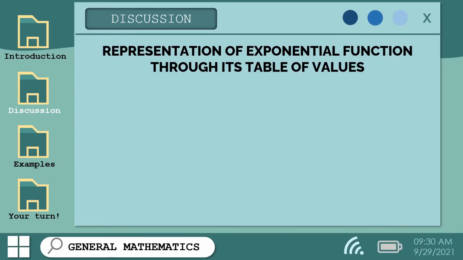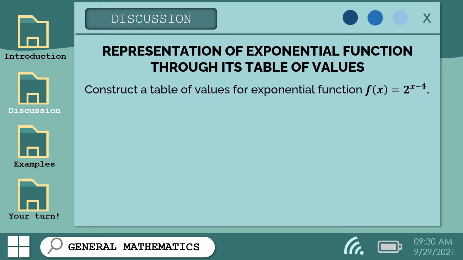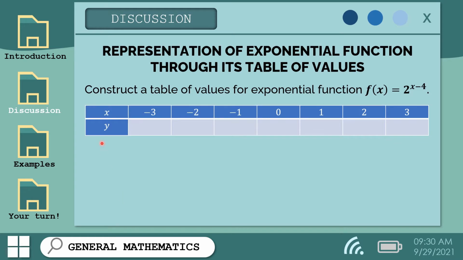Yan. So, let's begin with the representation of exponential function through its table of values. Let's say, meron tayong exponential function f of x is equal to 2 raised to x minus 4. So let's construct a table of values representing this exponential function. Kapag sinabi natin table of values, it looks like this. Ayan.